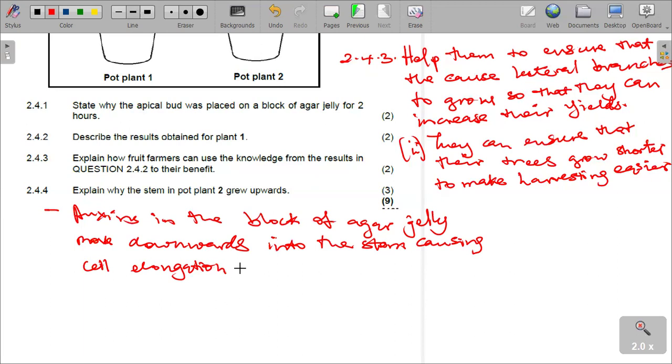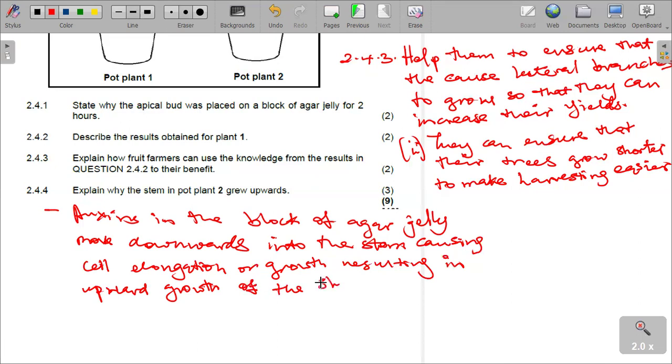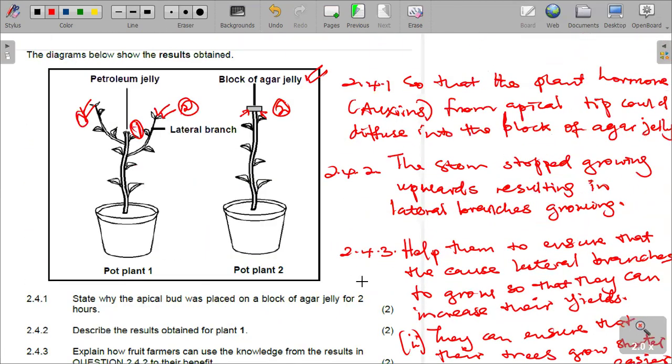Cell elongation, I'm sure you know, is the same as growth, resulting in upward growth of the stem. If you remember our first part here, this block absorbs the auxins that are produced there.